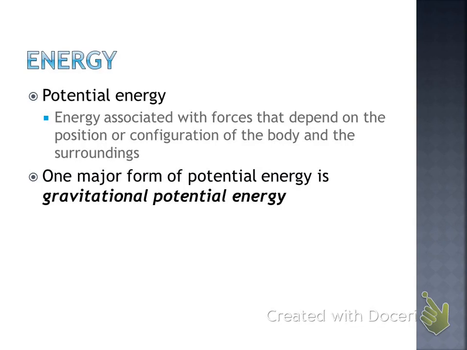And the major form of potential energy that we use most of the time is gravitational potential energy. We care about the potential of an object to fall, its potential to fall to the ground. That's what gravitational energy tells us. What potential does it have to keep falling, to move down farther on its path?